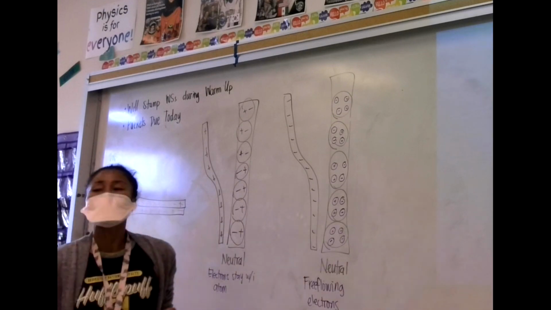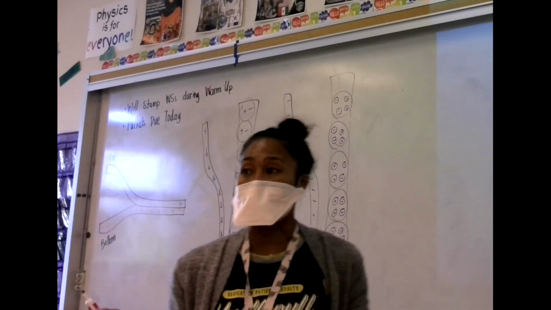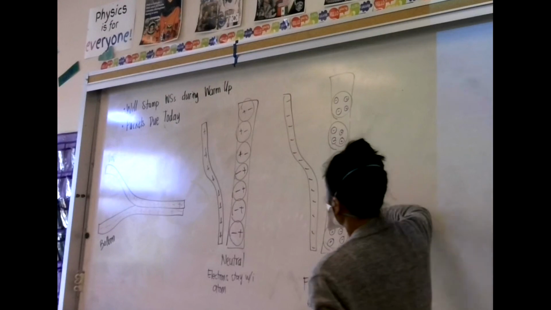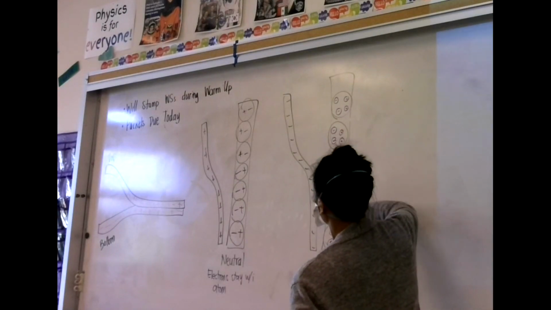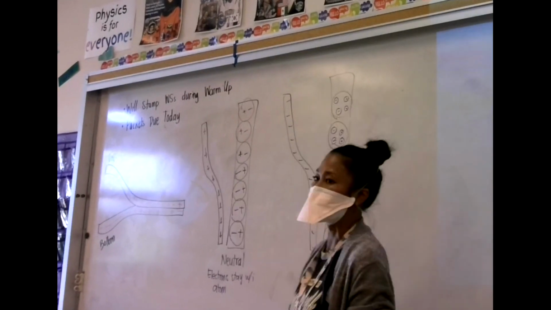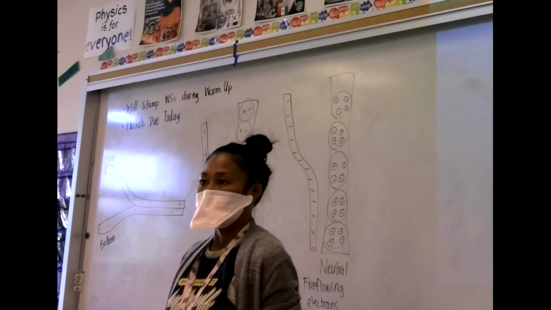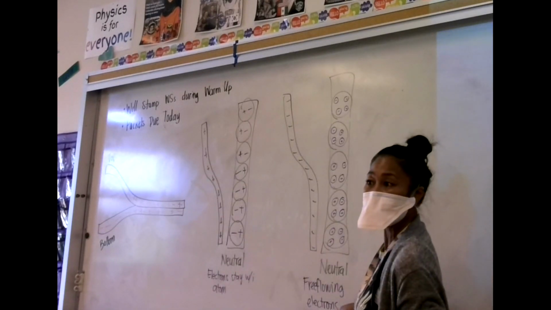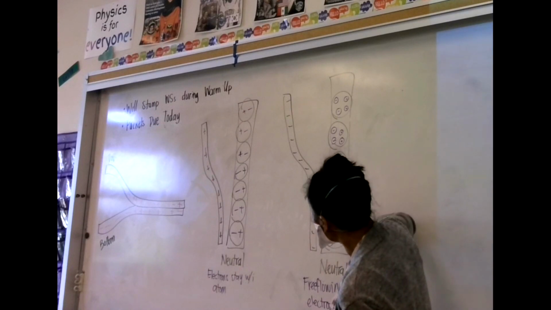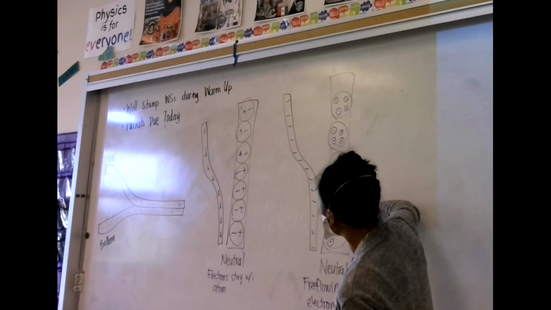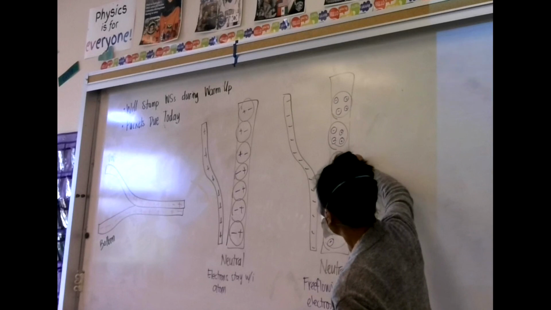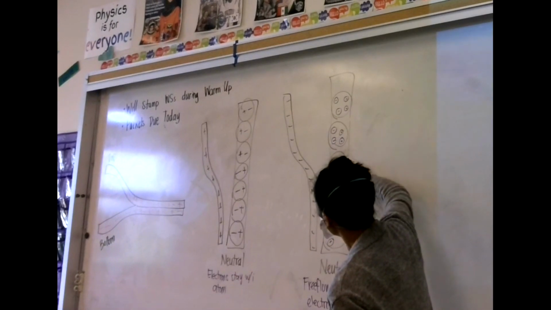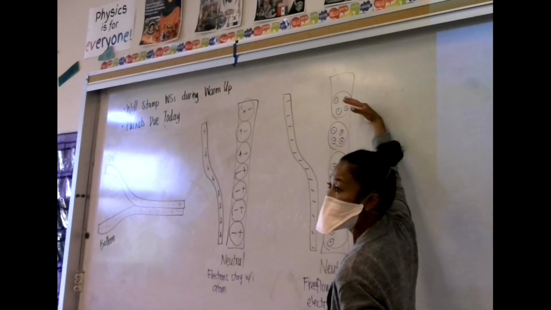Now, if we had free-flowing electrons, I want you to notice that we've got 2 positives and 2 negatives in each atom, which is fine. But because my electrons are free-flowing, I'm going to take these electrons down here. Instead of making it even, my electrons are going to repel.